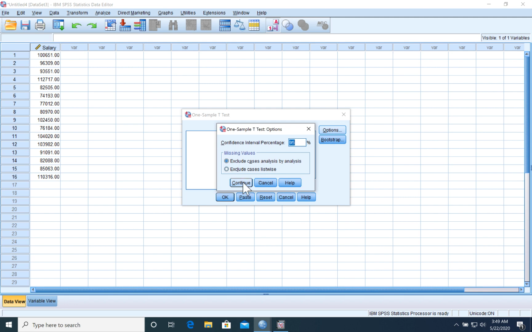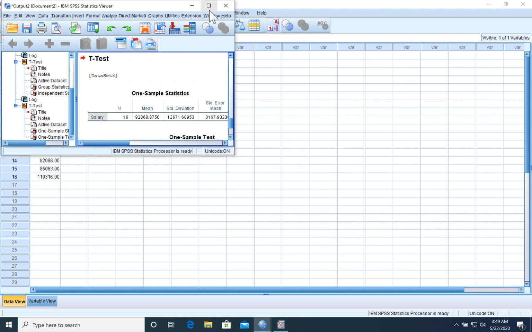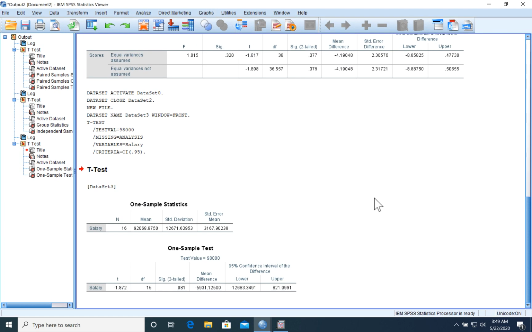Now let's just take a quick look at options. Alright, confidence interval. No problem. Let's go to OK. Alright, so there we go. It's basically giving us a test statistic of negative 1.872, and the critical value that we had was 2.131 and negative 2.131.